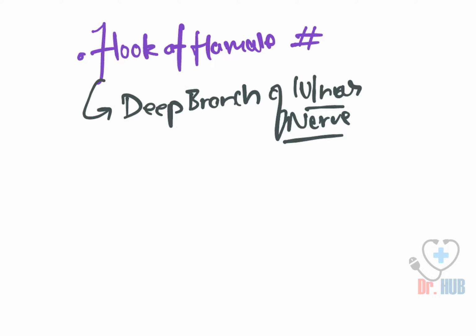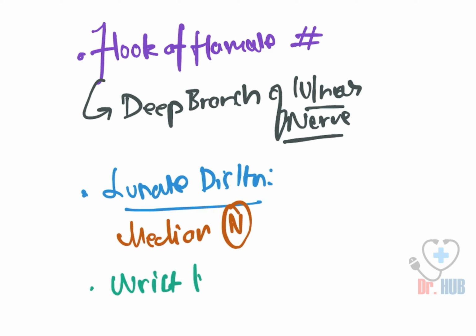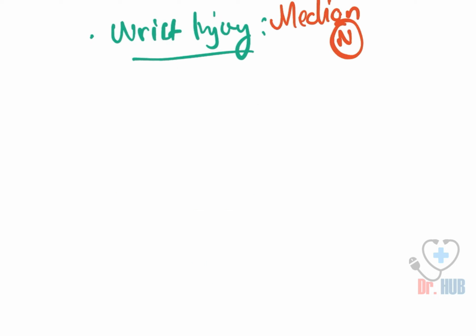Next, we have the lunate dislocation. What does the lunate dislocation result in? It results in the injury to the median nerve. Then we move on to the wrist injury. It deals with the injury to the median nerve.